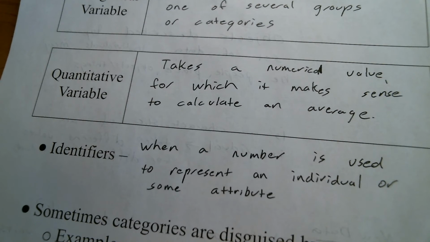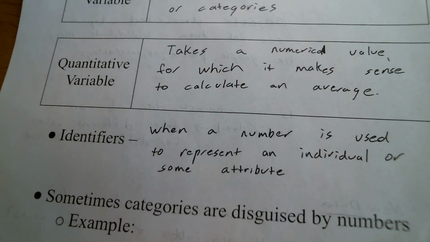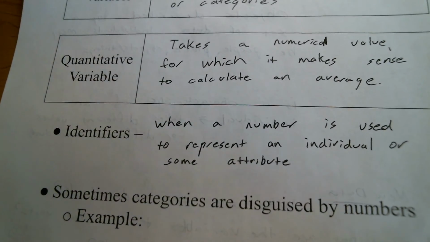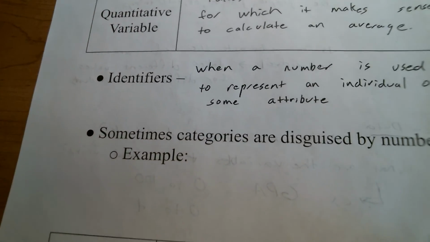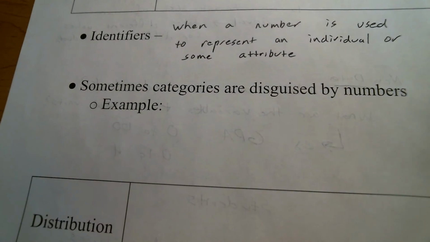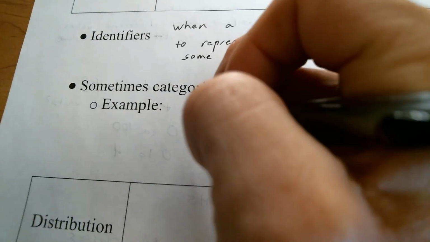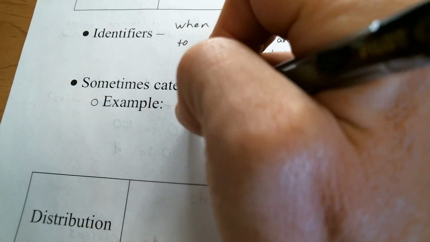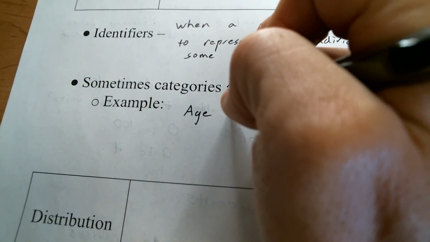Another point here, sometimes categories are disguised by numbers. What do I mean by that? The first example would be zip code that we already said. Zip code is really a categorical thing, but it looks like a number. The other one that usually gets used a lot is an age range, or really any sort of range.